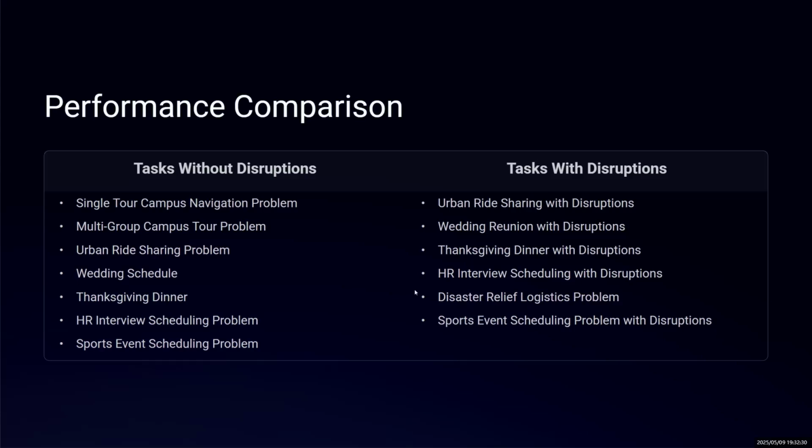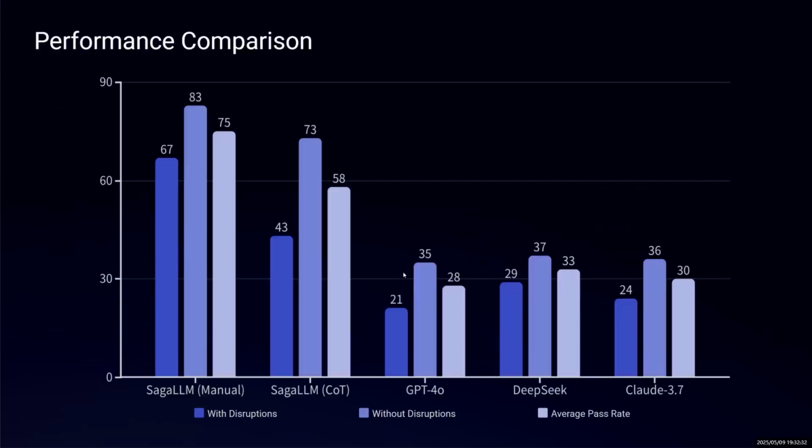We tested each problem on our system as well as on other state-of-the-art models like GPT-4o, DeepSeek, and Claude. For each task-model pair, we conducted 30 runs and recorded the average pass rate.